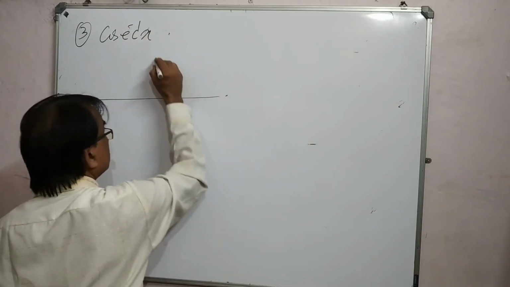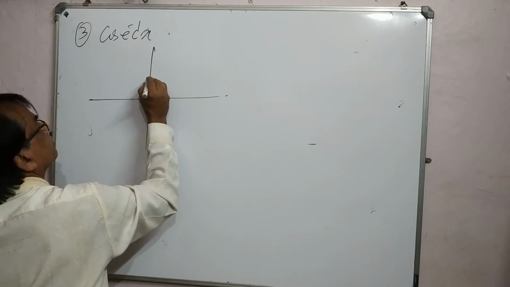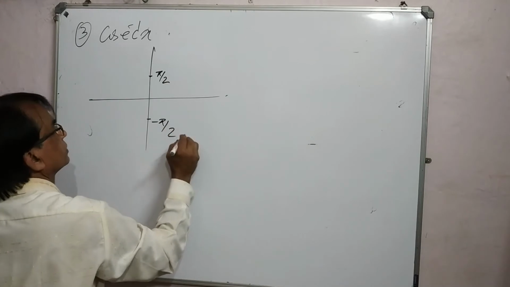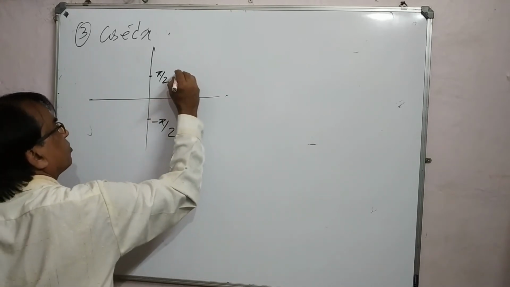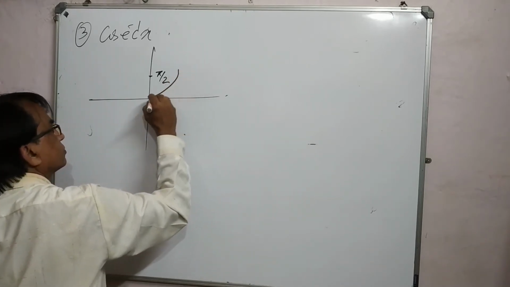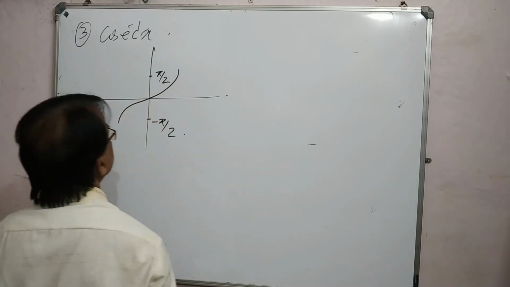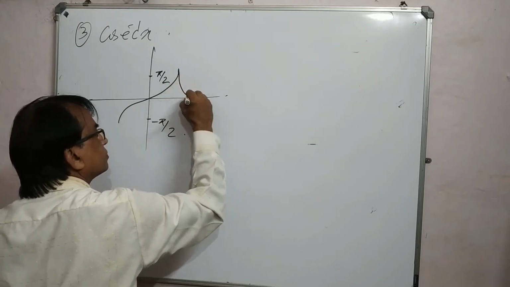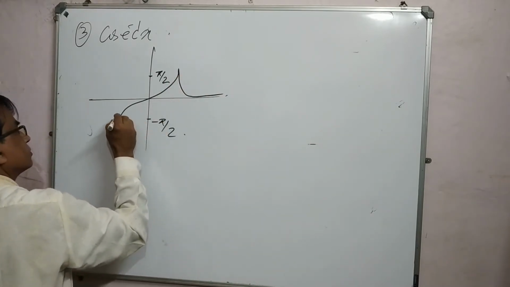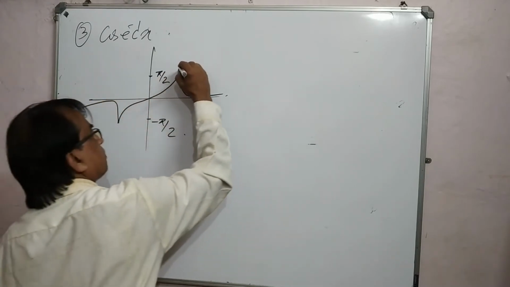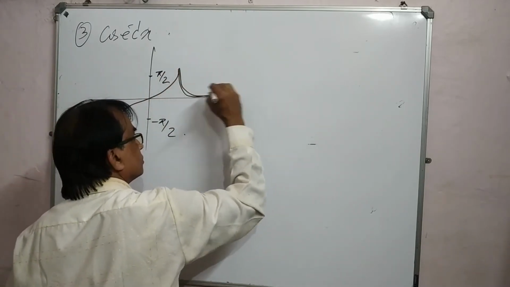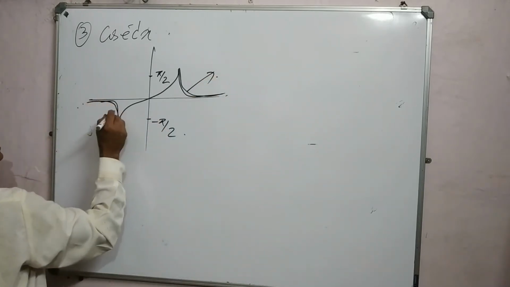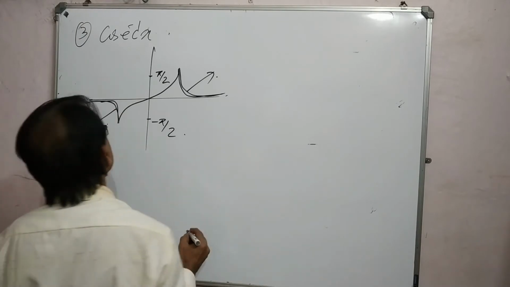First of all, for cosec inverse x, we draw sin inverse x, and at this point, this part is called both the parts.